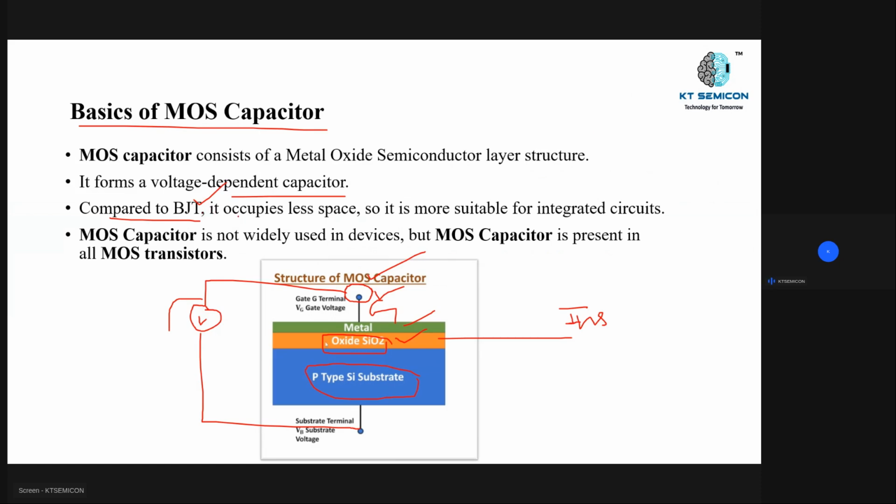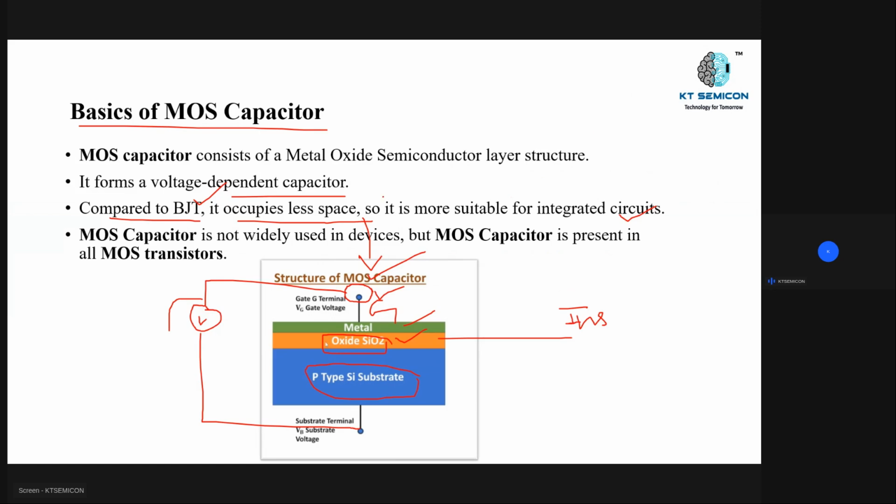MOS occupies less space compared to BJTs, so it is more suitable for ICs. We need to minimize ICs as much as possible, so that's why we are moving from BJTs to MOS.